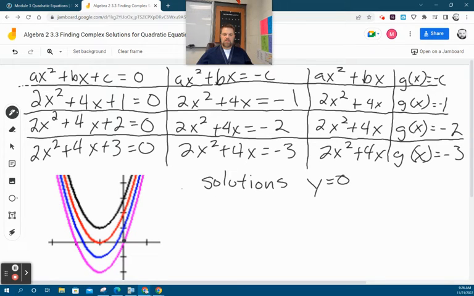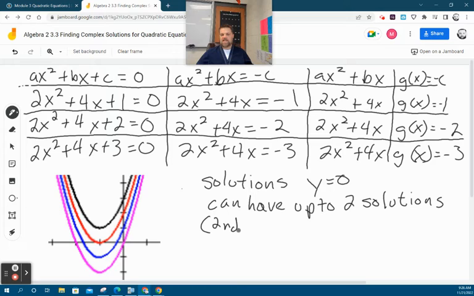So it can have up to two solutions, and then I want you to write it's a second degree polynomial.